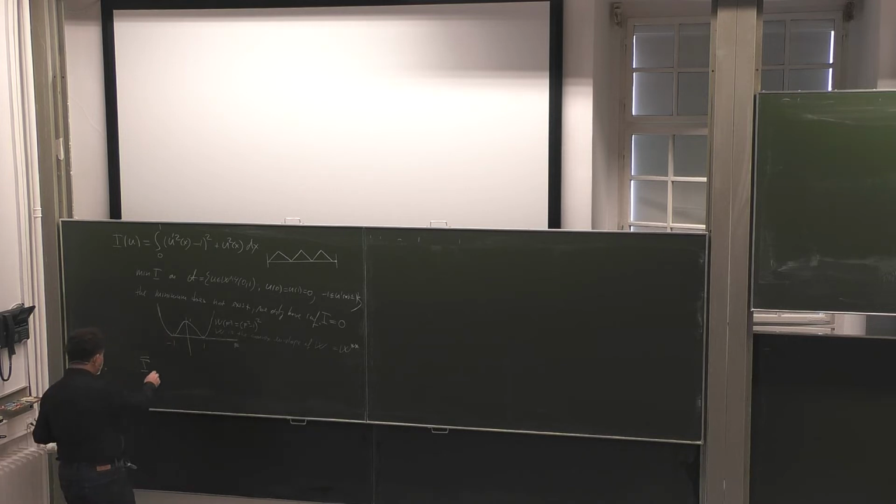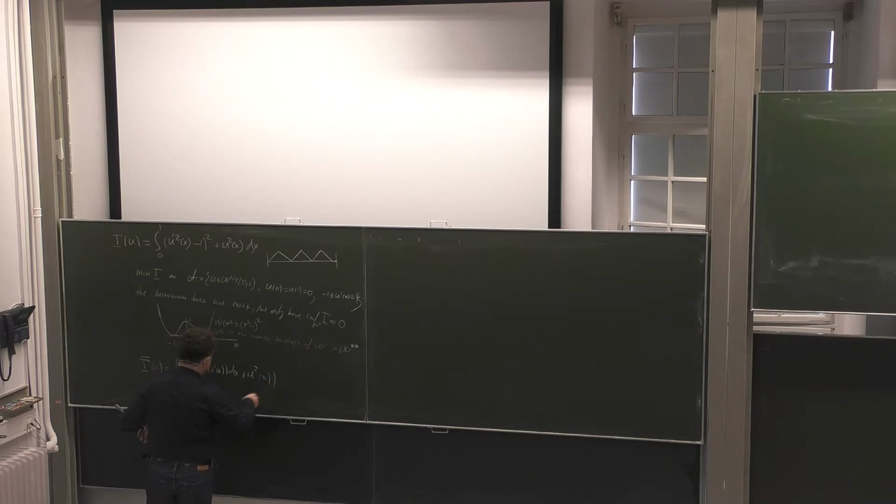And so I bar of u will be just the integral over (0,1) of W star star of u prime of x dx, and then the remaining term is here, and dx. And my a bar will be just a.